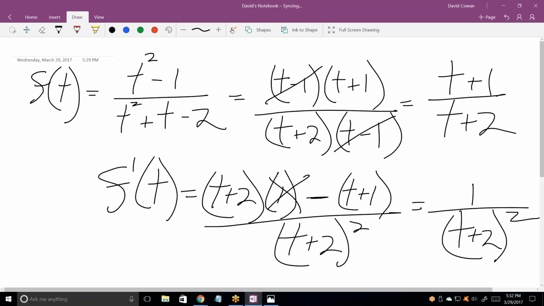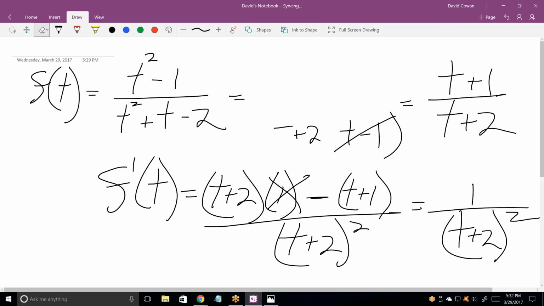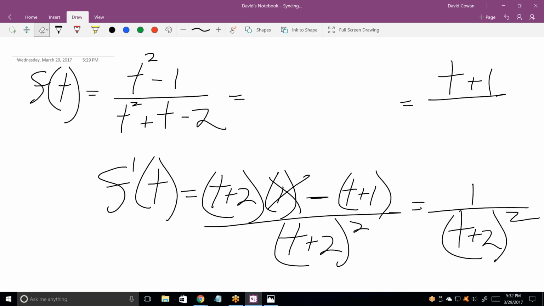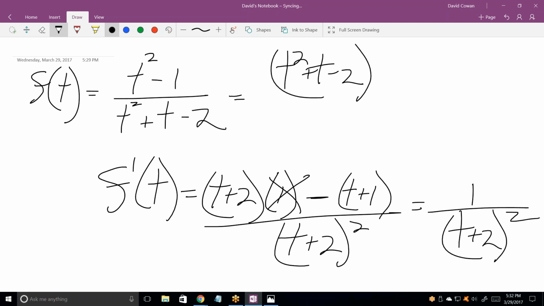So sometimes it's well worth it. Notice that had I not seen that I could factor, look what you're going to get. If I don't factor these, here's what I'm looking at: the bottom times the derivative of the top minus the reverse.